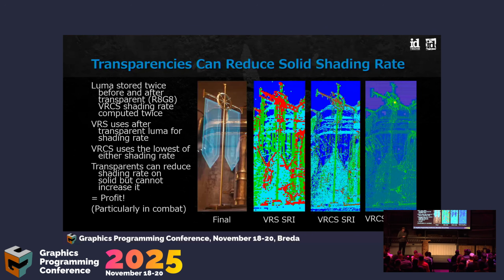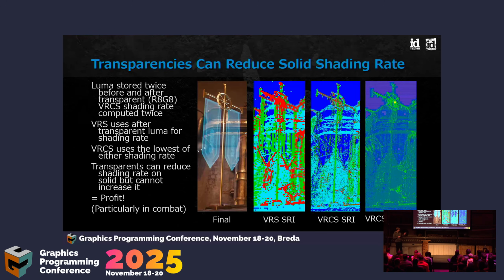Something else I did to try and bring back some more performance was this observation that sometimes we had transparencies that were occluding or partially occluding solid geometry and actually boosting the shading rate on the solid geometry behind. So to fix that, I actually again calculated shading rate twice. I'm already doing it twice, that's 4 times.